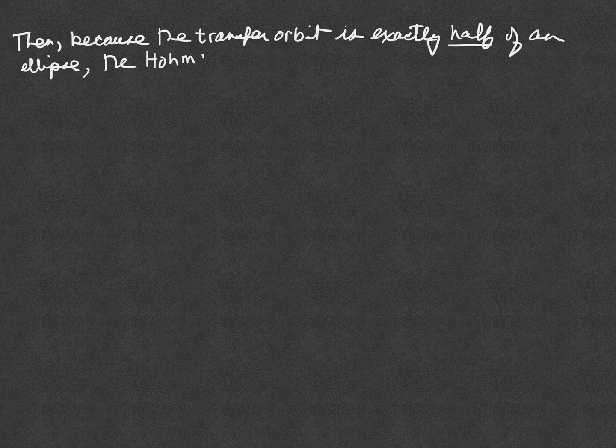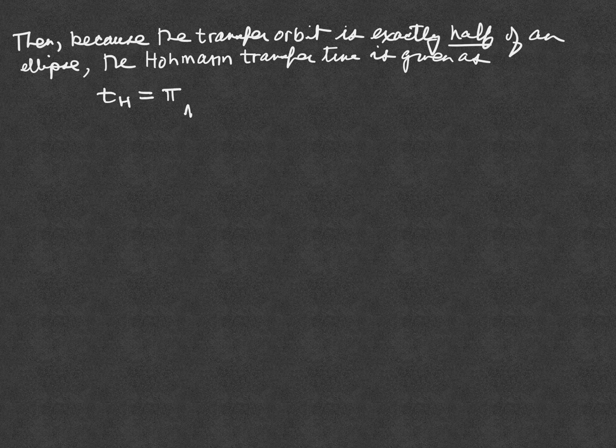So then, because the transfer orbit is exactly half of an ellipse, the Hohmann transfer time is given as T sub h is equal to pi times the square root of a cubed over mu.